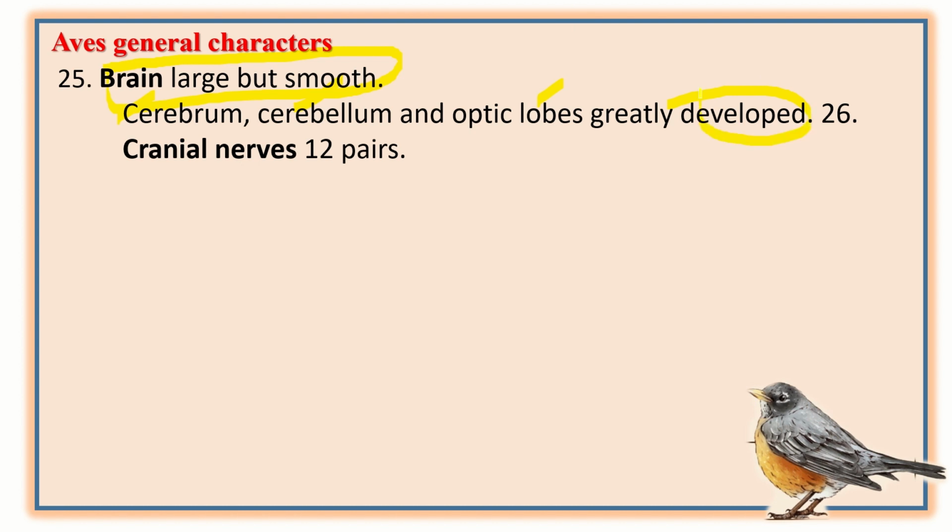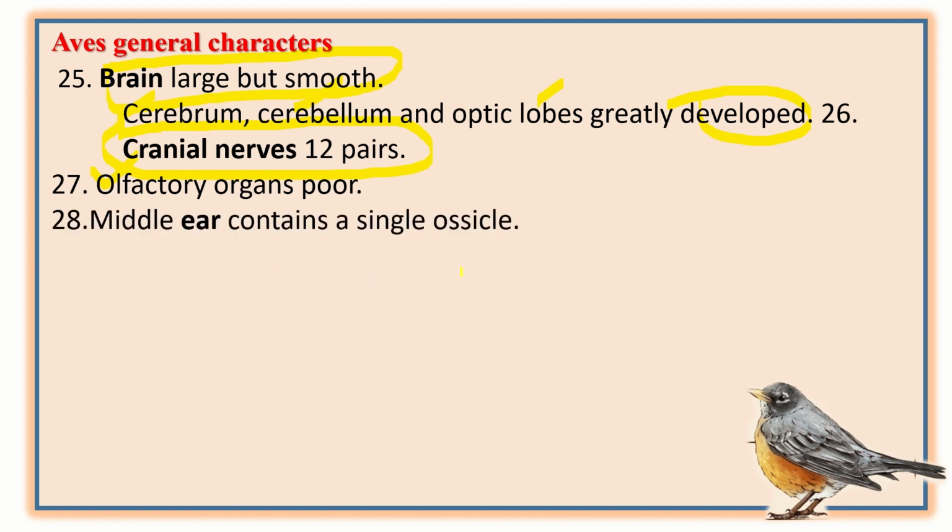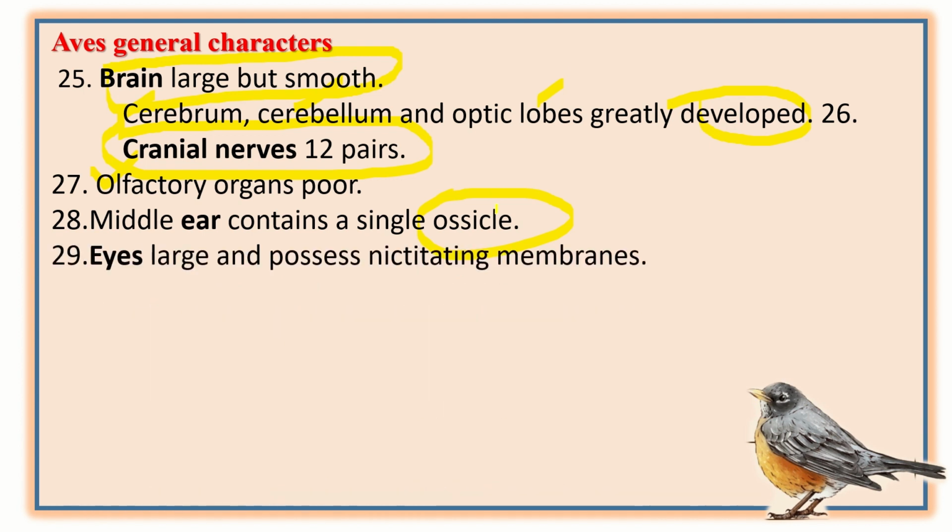There are 12 pairs of cranial nerves. Olfactory organ, useful for the sensation of smell, is poorly developed. Middle ear contains a single ossicle, not three. Eyes are large, well developed, and possess a nictitating membrane.